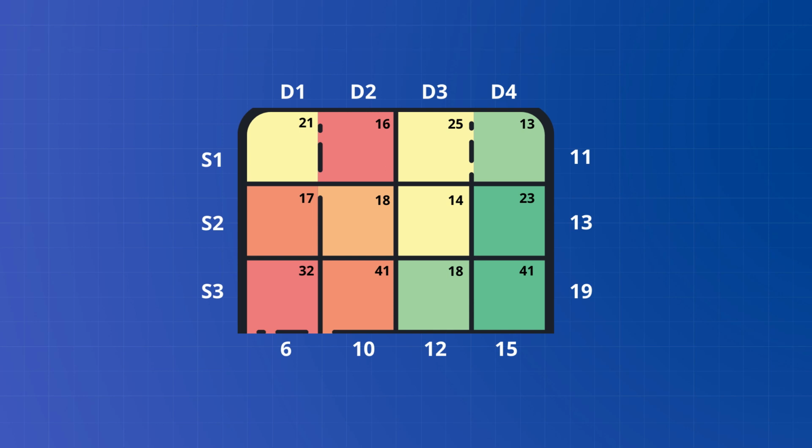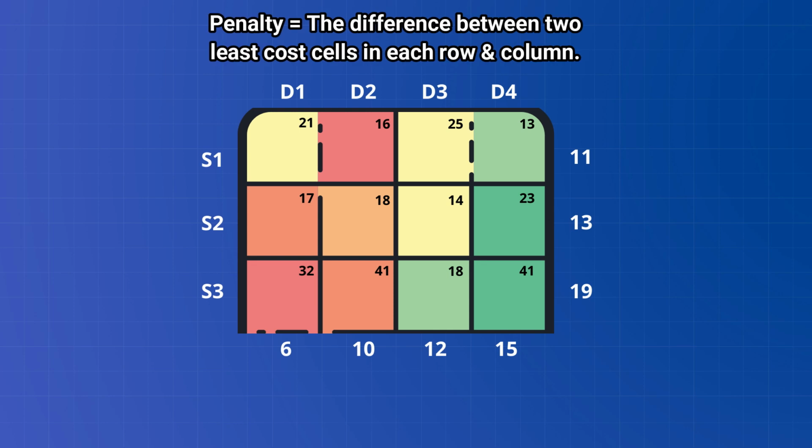Now let's understand Vogel's approximation method with an illustrative example, same as before. Vogel's approximation method approach is via finding the penalty, which is eventually the difference between the two least cost cells in each row and each column.